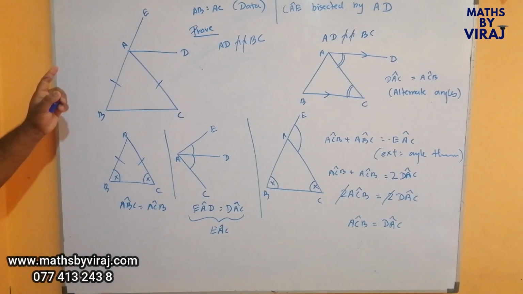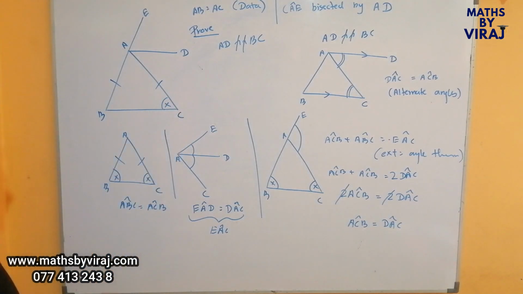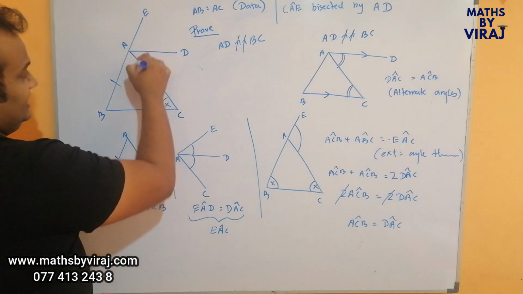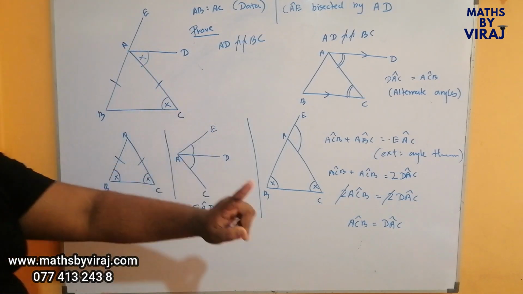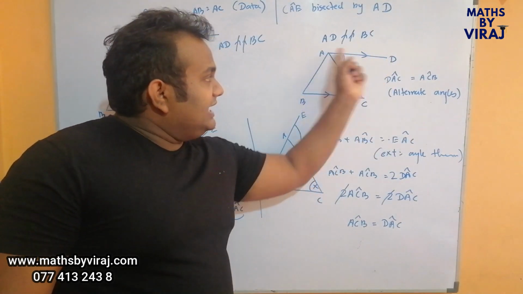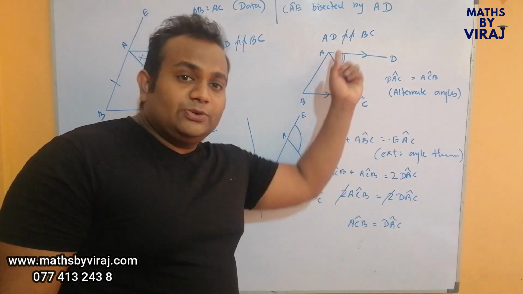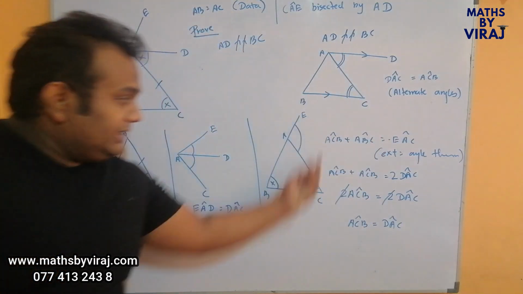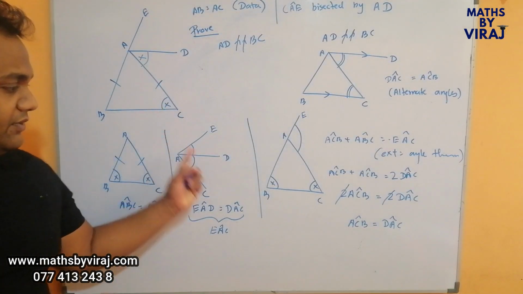Now, if angle ACB is equal to angle DAC, what can we say about the lines AD and BC? Remember, here we showed that if side AD is parallel to BC, then these two angles should be equal. Now, mathematically we proved that these two angles are equal.